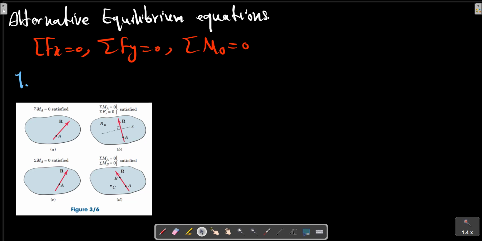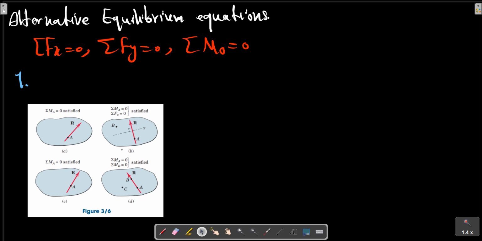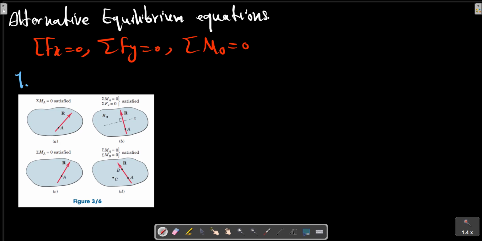If the moment about A equals 0, then the resultant, if it still exists, cannot be a couple but must be a force R passing through A. If now the equation sigma Fx equals 0 holds, where the x direction is arbitrary, it follows from figure 6b that the resultant force R, if it still exists, not only must pass through A but also must be perpendicular to the x direction as shown.